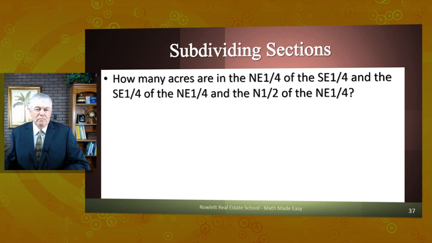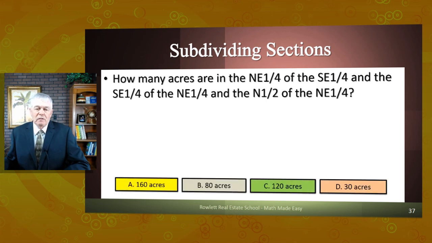Here we go again. How many acres are in the northeast quarter of the southeast quarter and the southeast quarter of the northeast quarter? And, oh, we got a surprise. We had a second "and." The north half of the northeast quarter. Again, pause the video, figure this out, and come back.